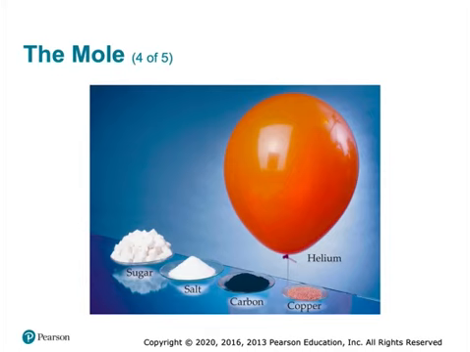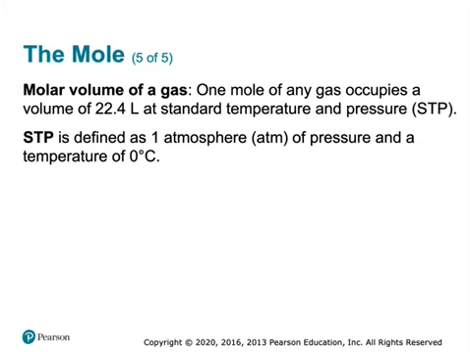I don't know what it would be in other temperatures. It would be slightly larger for room temperature. But that illustrates a mole of each of these things. Although the size, the volume, and the masses vary, what they have in common is that there is a mole of each of these things shown here.